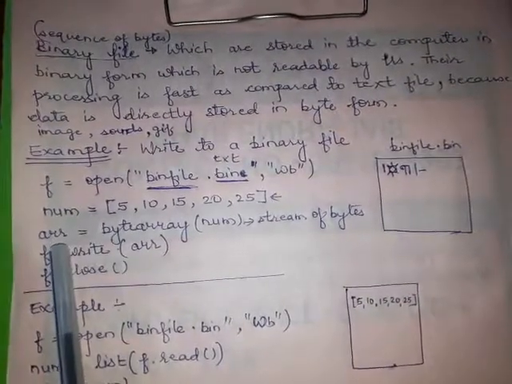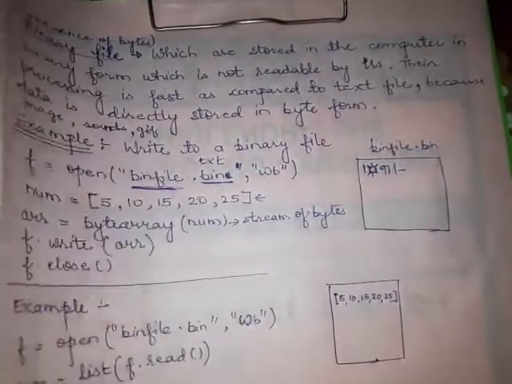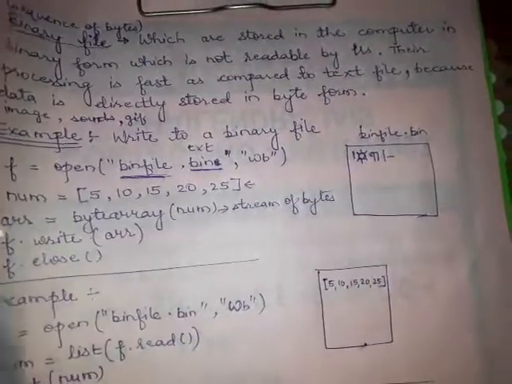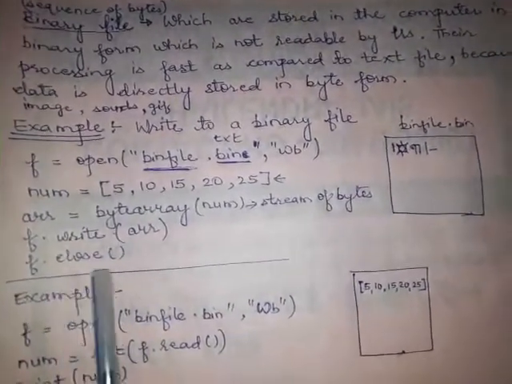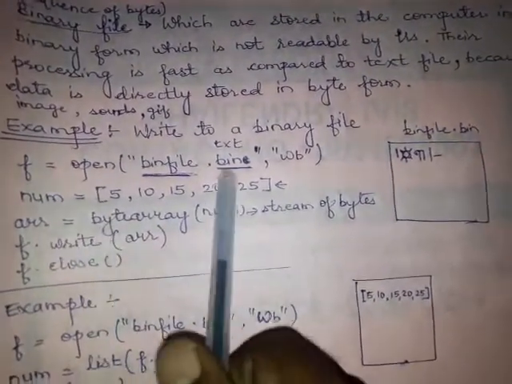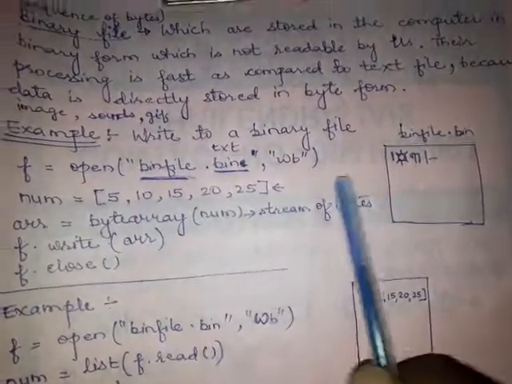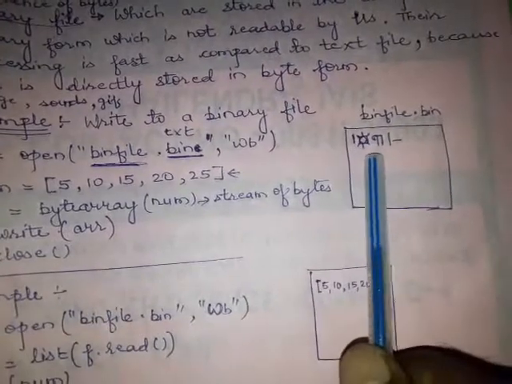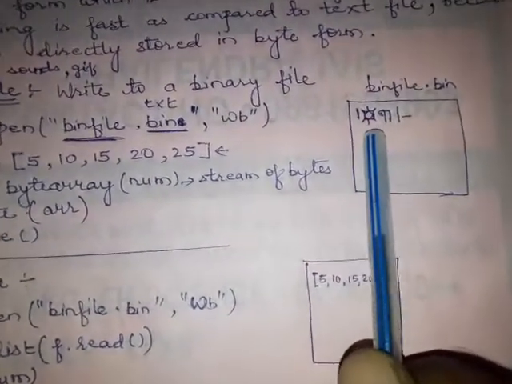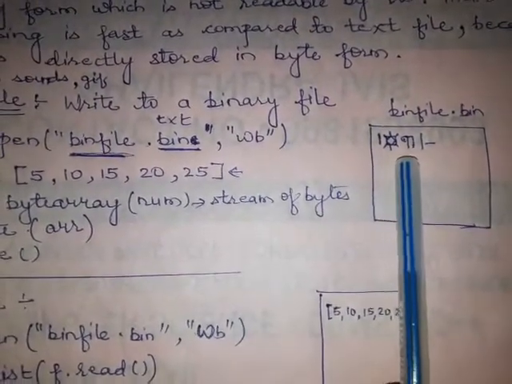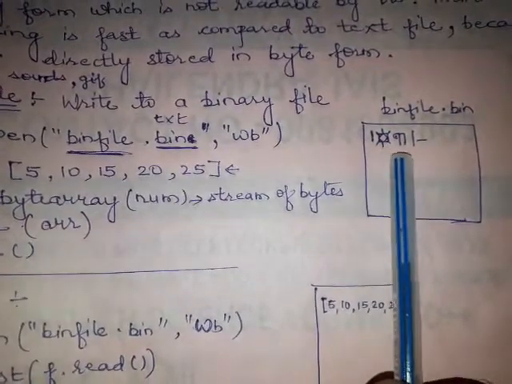Array means the array which we converted into byte form, and then close the binary file, fp.close. Now if we open this binary file, the content of the file looks something like this.